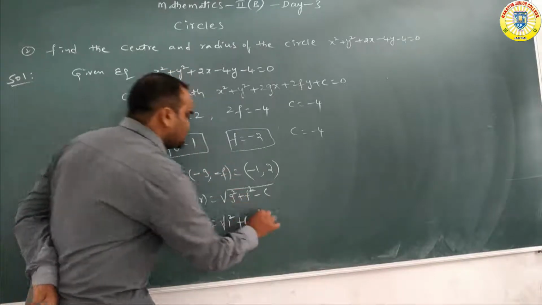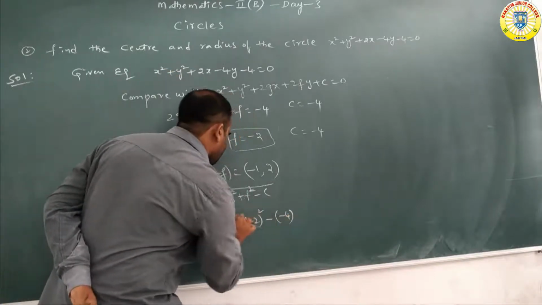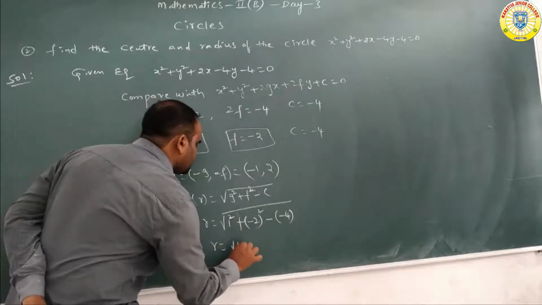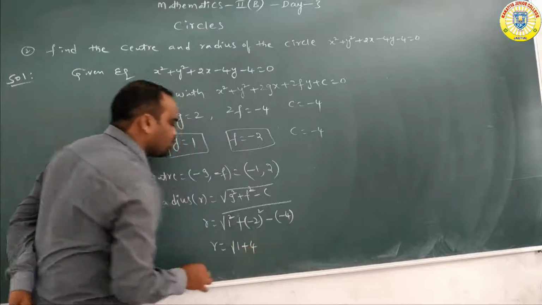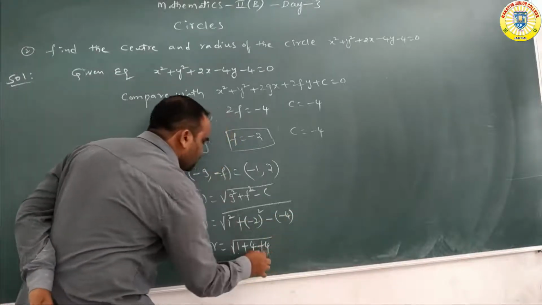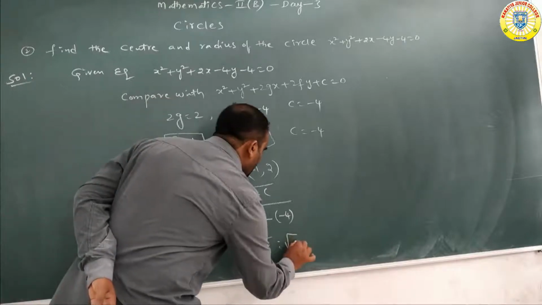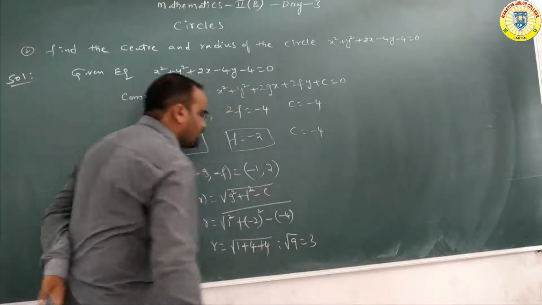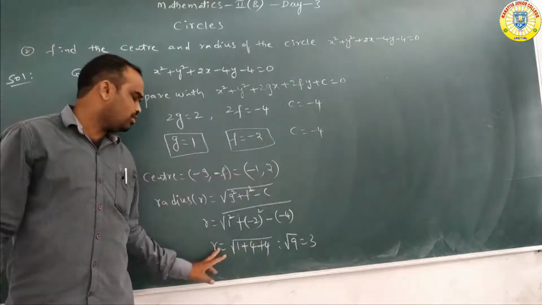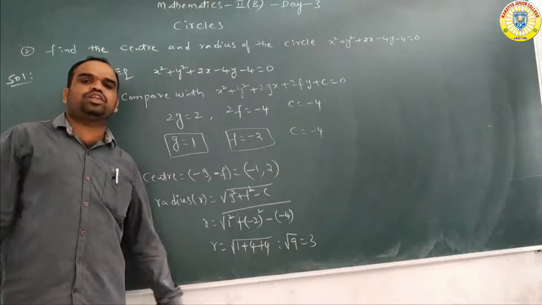Minus c, where c is minus 4, gives plus 4. Totally 9. Root 9 is 3. Therefore, the center of the circle is (minus 1, 2) and the radius of the circle is 3.